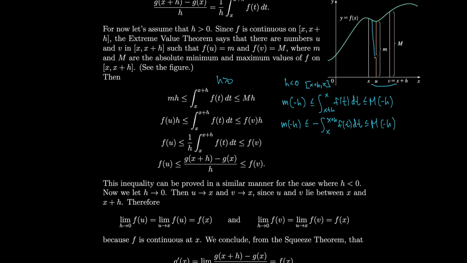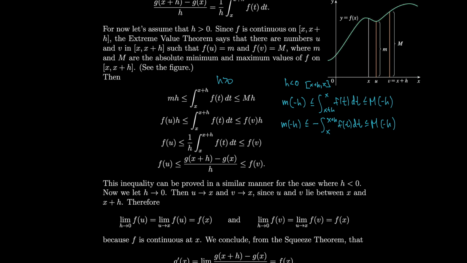So I keep getting closer and closer, but I still have to have a maximum and a minimum value inside this little tiny interval by the extreme value theorem, no matter how close it is. So there still must be a u and v in here somewhere as I get closer and closer to an interval that has no width, basically. So that means that those get closer and closer to the beginning also. They get closer and closer to x, both of them.